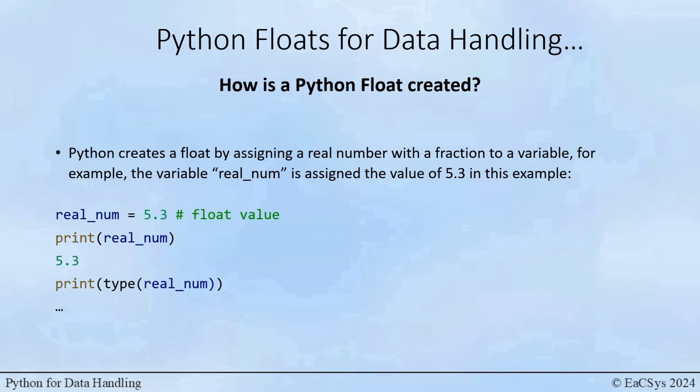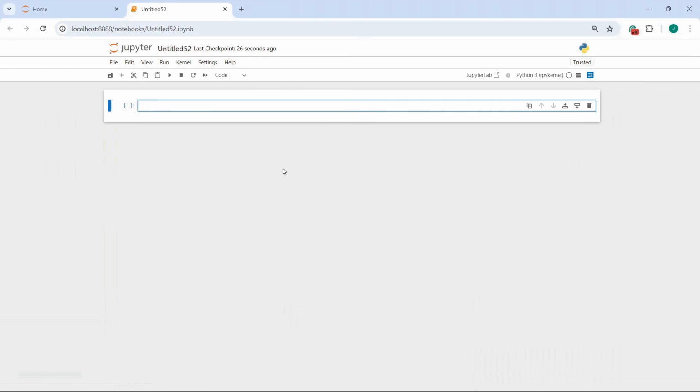So alright, now we'll type some more code examples. So start up your code editors because we are going to type some code. Alright, having started our code editors, we will type some Python float code.